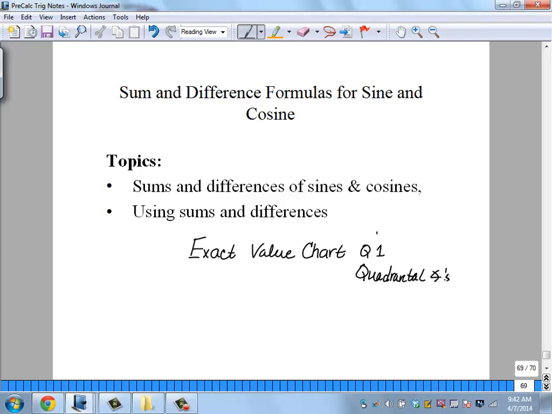And if they ask you to find the exact value of an angle that's not on there, you can use the sum and difference formulas to find it.